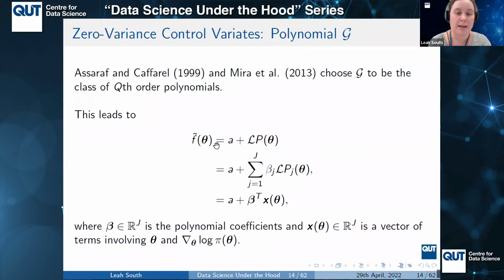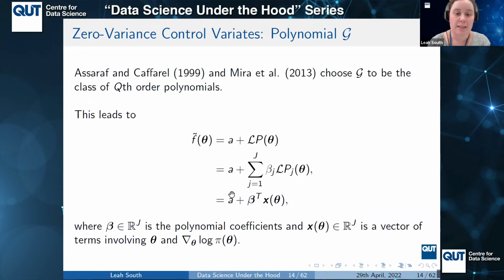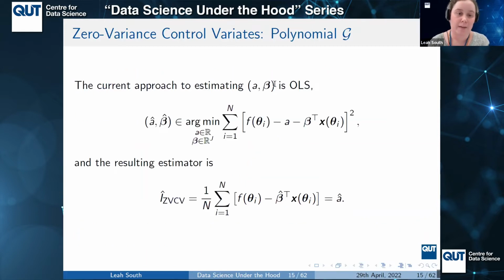Keeping in mind we want F tilde to be as close to F as possible, it looks basically just like a linear regression problem. We've got an intercept, we've got some coefficients, and then we've got some covariates. And these covariates are a function of the samples and the gradients of the log target. So when people have gone to estimate the A and the beta, they've just done that using ordinary least squares.